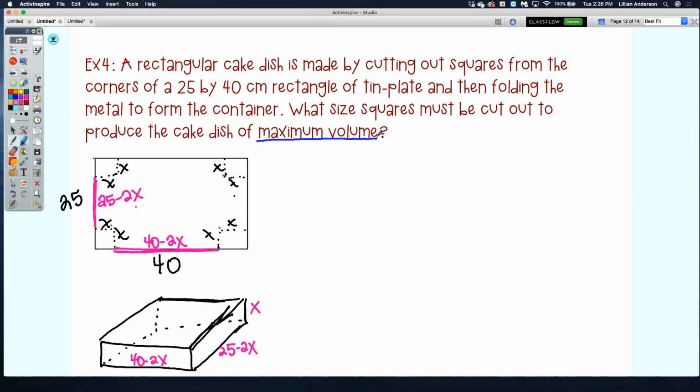What is the formula for volume of a rectangular prism? It's length times width times height. In context of this problem, though, what's my length? What's my width? What's my height? 40 minus 2x times 25 minus 2x times x.